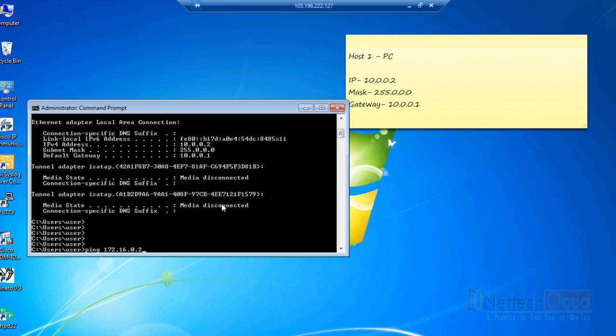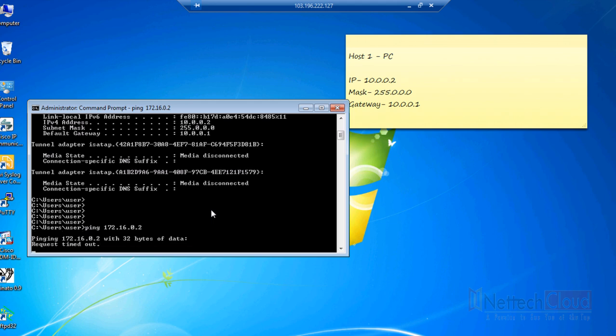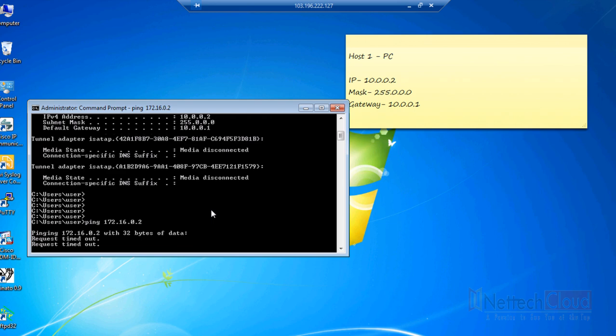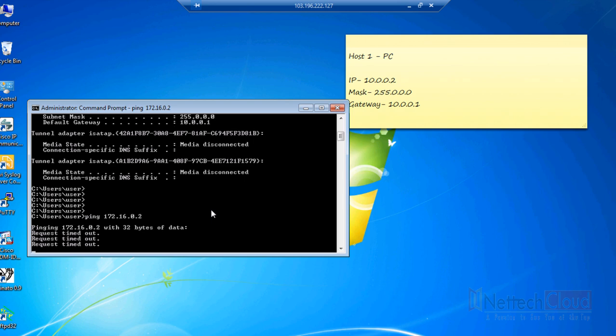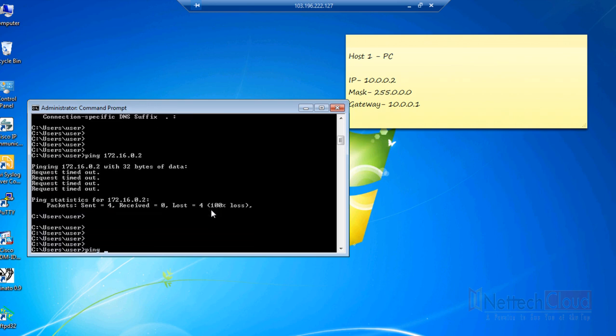Host 2 device is behind R2, right? 172.16.0.2 is host 2 behind R2, okay? But there is an error message, request timed out, RTO, nothing like destination host unreachable, or reply from gateway address and then destination host unreachable.